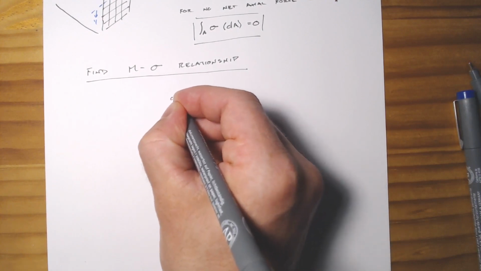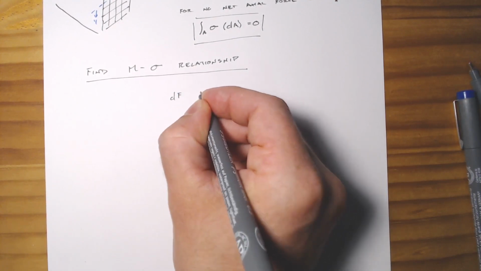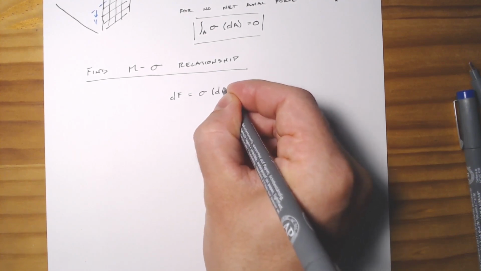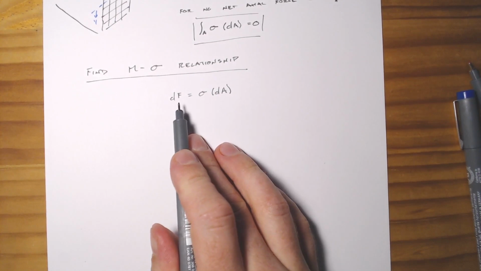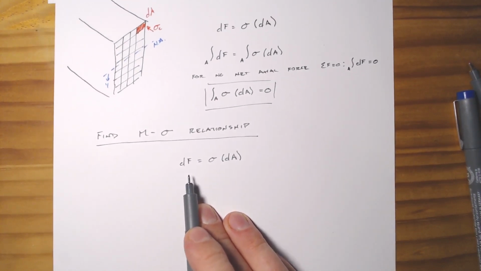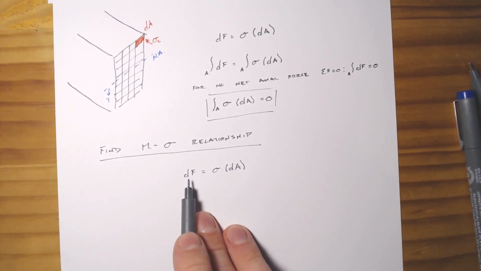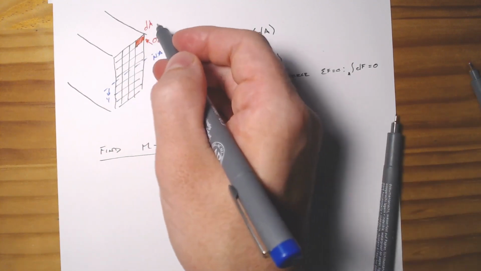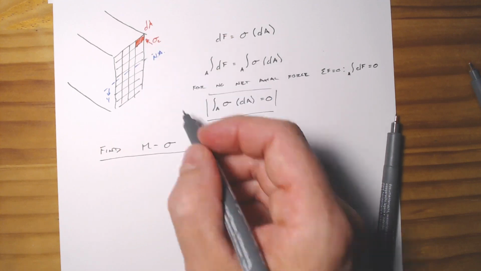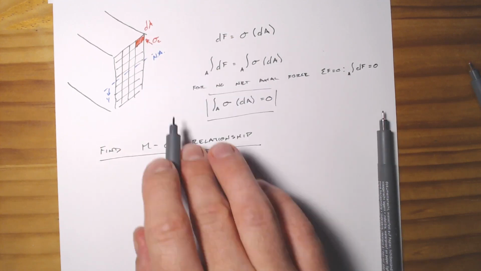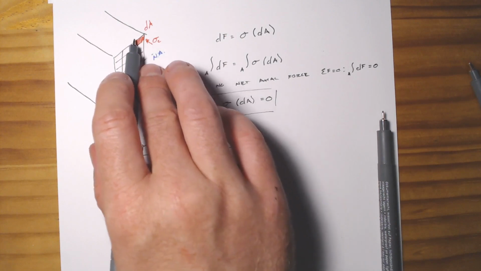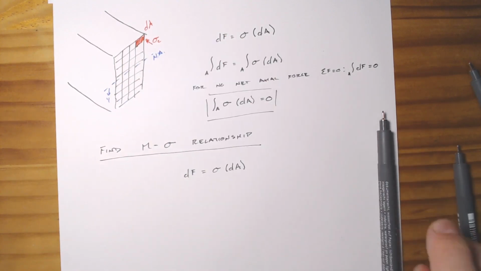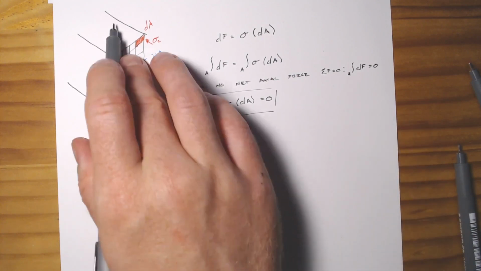So if we know that dF equals sigma times dA, well, if we want to know what the moment of this tiny force is to some area, it's really just the moment between dF, or this force here, and the neutral axis, which is simply going to be the distance y away.